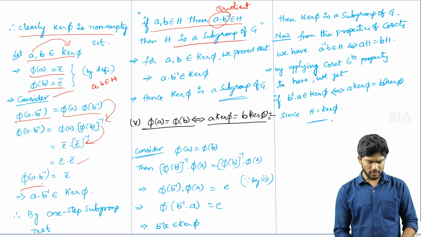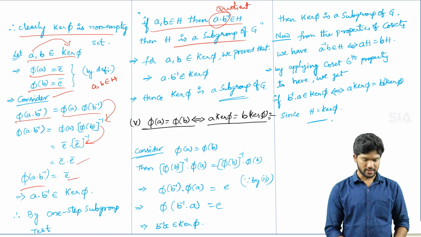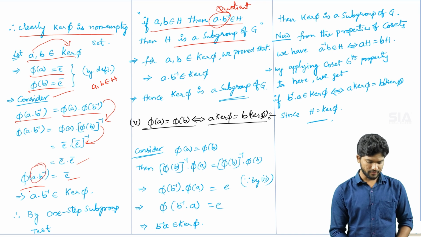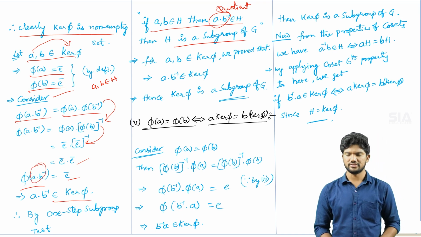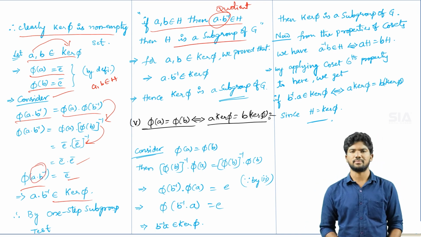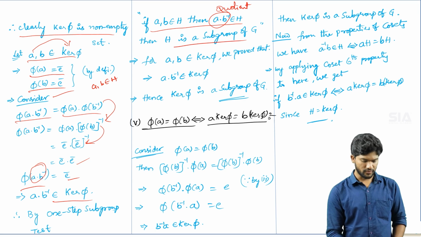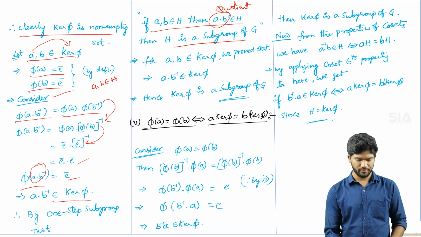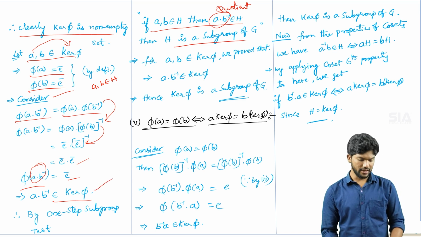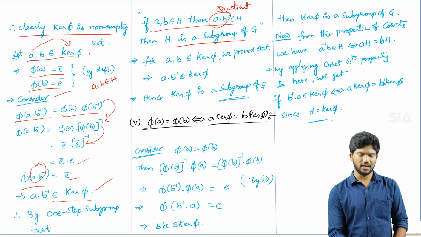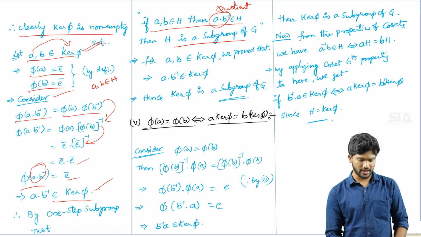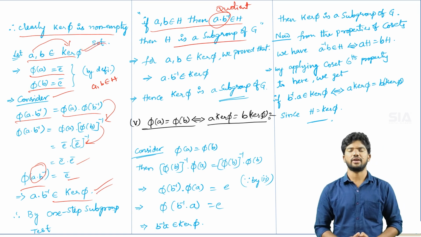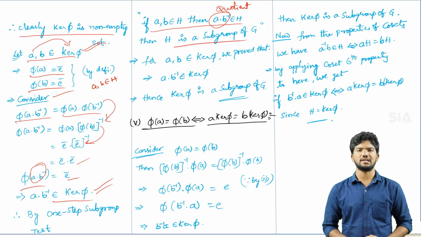Whenever the image of an element is the identity element, then this element belongs to the kernel. That is the kernel definition. Therefore a into b inverse belongs to kernel. Already a comma b belongs to kernel, and their quotient value a into b inverse also belongs to kernel.